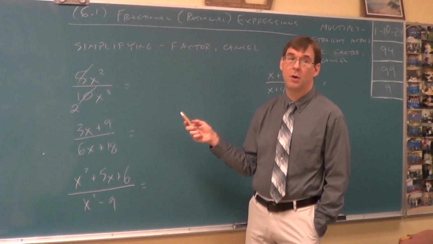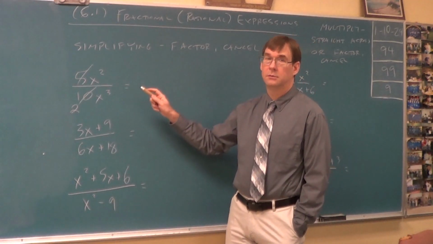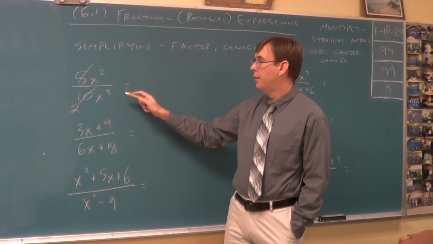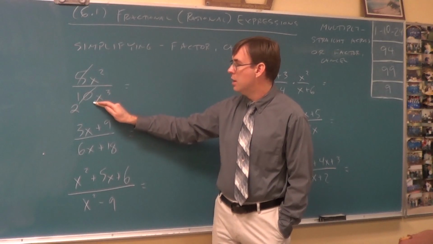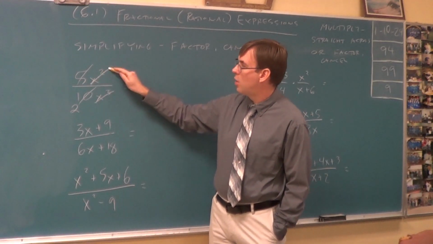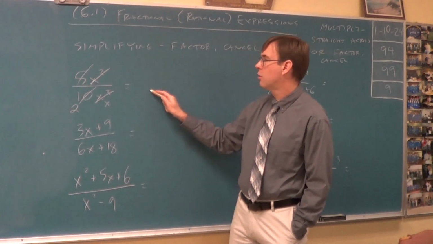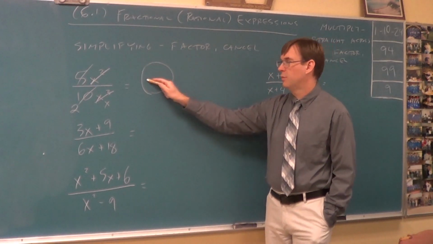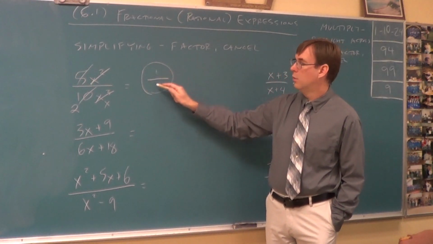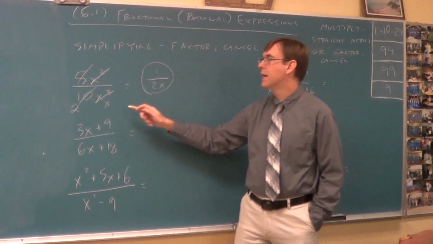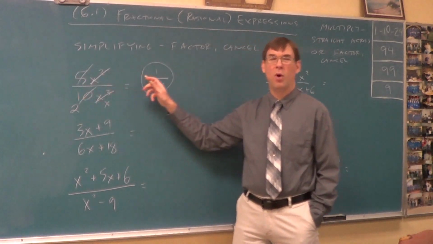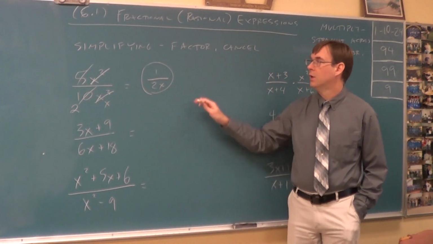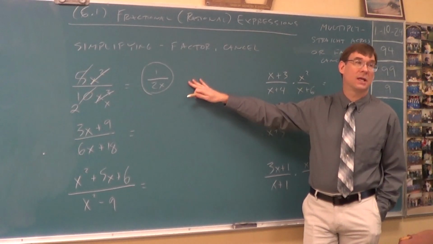If you cancel some common x's, there would be 1 x on the bottom, because the bottom had more. So 3 x's can bump off the 2 x's and get a single x on the bottom. So our simplified answer? 1 on top of 2x. And we did end up needing to at least think about that 1 being there. Question about that one, we just had to cancel.